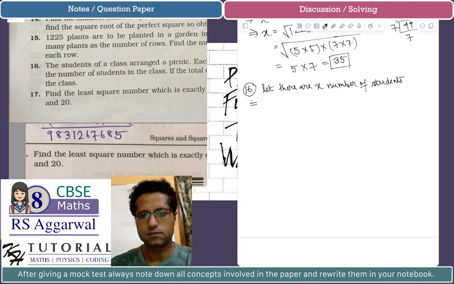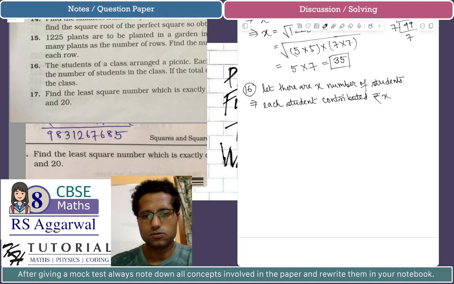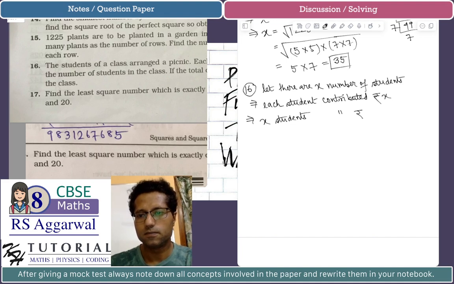So this implies each student contributed rupees x. So this implies x students contributed rupees x multiplied by x.